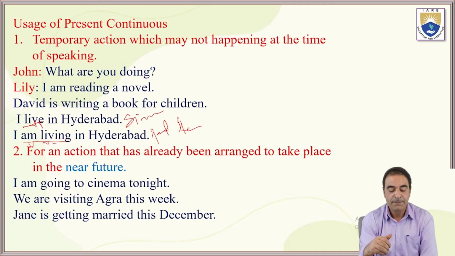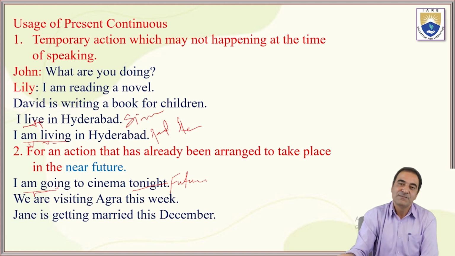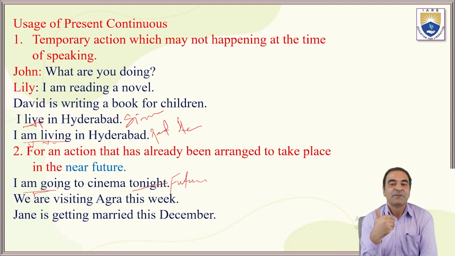For example, right now I'm in front of you and I'm talking to you. For example, I am going to the cinema tonight. Now, what's this tonight? This tonight is future. It shows the future time. And look at the tense. Tense is present continuous. Why do I use present continuous tense to describe a future event?